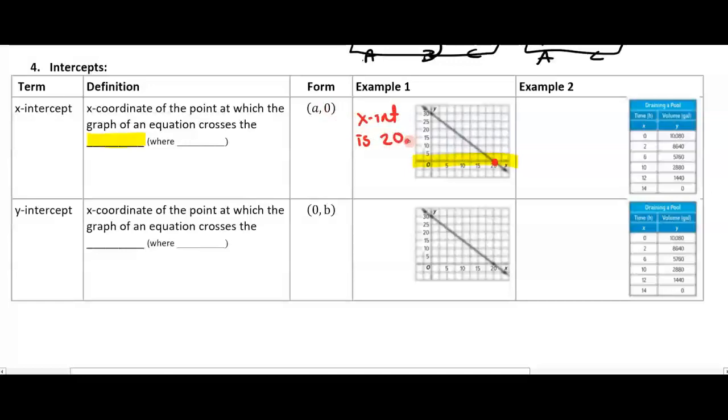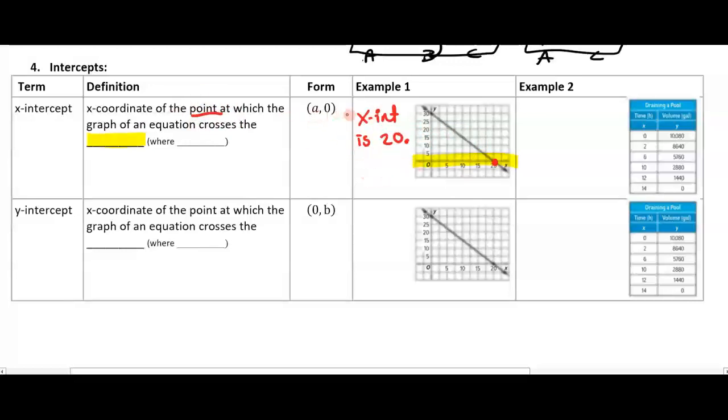Now, what I find is when we write it in words like this, sometimes we can forget what that means going back and forth. So I'd like us as a class to adopt the convention to write the point, not just the x-coordinate of that point, but actually the coordinates of the whole point itself.